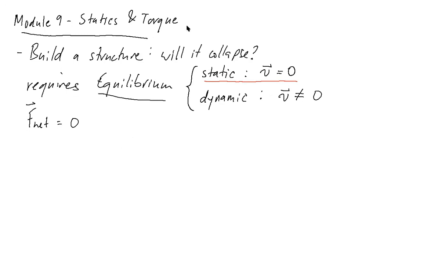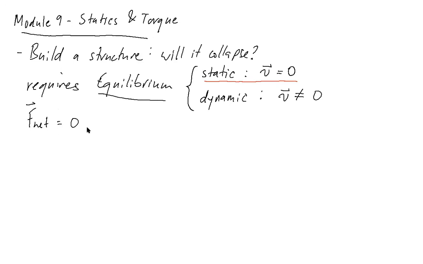We want to know, is the structure going to collapse? Because collapsing is accelerating, right? You're accelerating down toward the ground. You are collapsing. So we want to avoid that, and so we need to attain equilibrium.